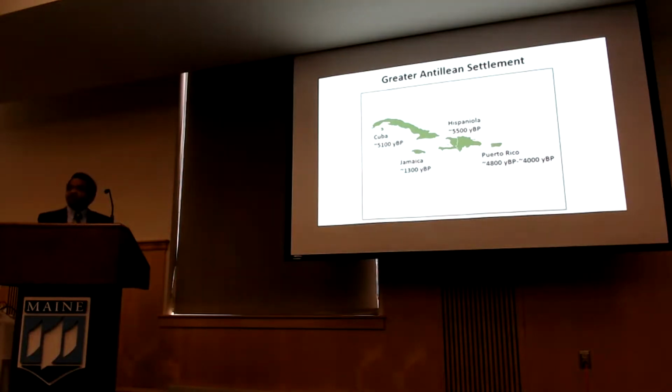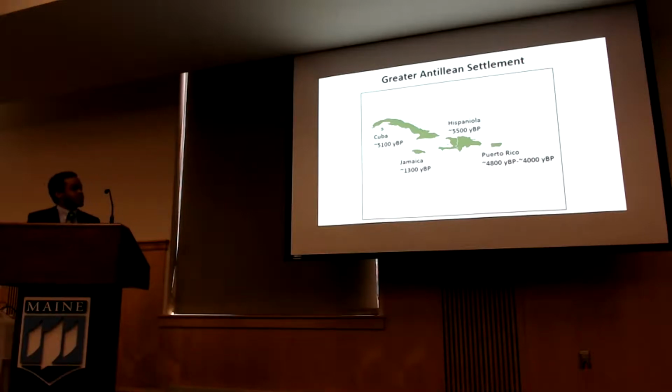Within the broader context of human migration within the Caribbean and the Greater Antilles, being those four large islands in the center of the Caribbean Sea, Cuba, Hispaniola, Puerto Rico, and Jamaica, the date of first human arrival appears anomalous.